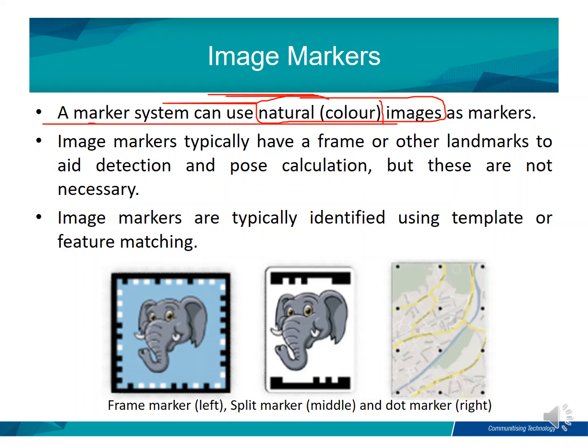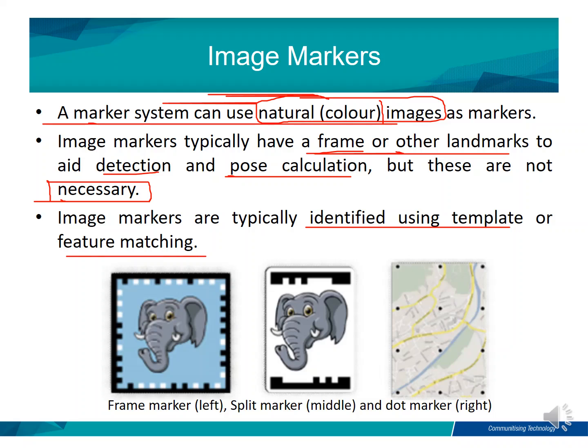And these image markers basically have a frame or other landmarks to aid the detection, to help the camera detection and the calculation of the pose, but these are not necessary. This one is not compulsory. These image markers can be identified using a template or feature matching.